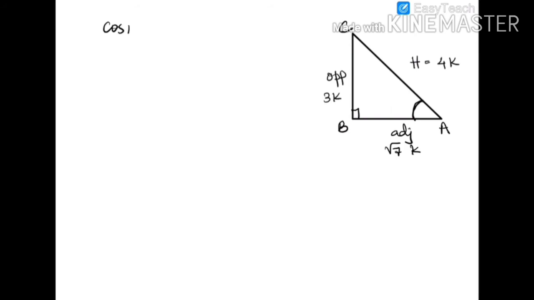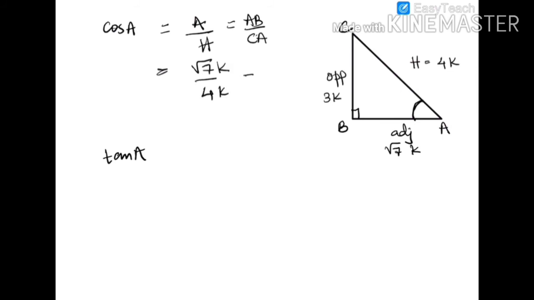So we can find out cos A and tan A. Cos A will be adjacent upon hypotenuse, which is AB upon AC, that is root 7k upon 4k. K and k gets cancelled, so you get root 7 upon 4.